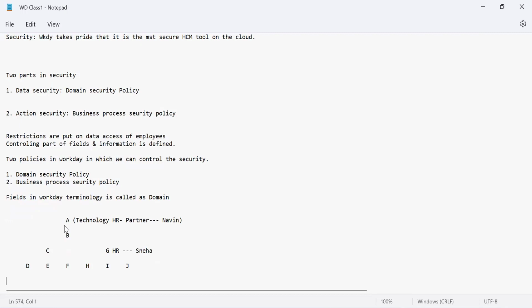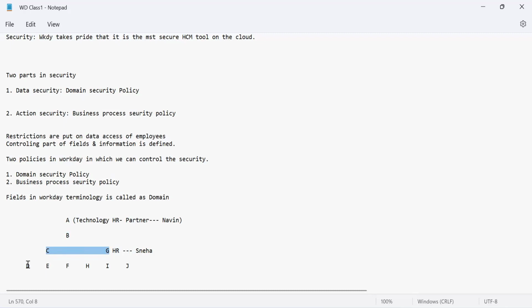Yeah, hierarchy. Okay. So here I have created a hierarchy. Let's say I have a technology head sitting at the top, maybe a VP, and then you have B, who is maybe a senior assistant director. Then you have C and G, who are senior managers.